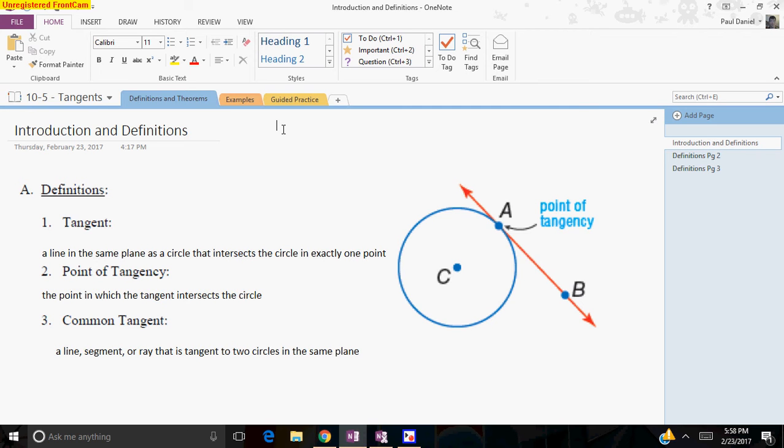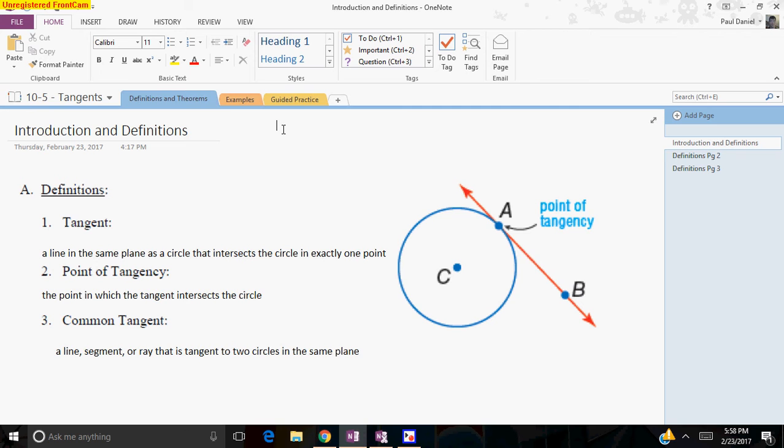It's going to be a line whose slope matches the function at the point where it intersects. But for now, in circles, we can deal with this being the definition of a tangent. Okay, it's a line that intersects the circle at exactly one point.